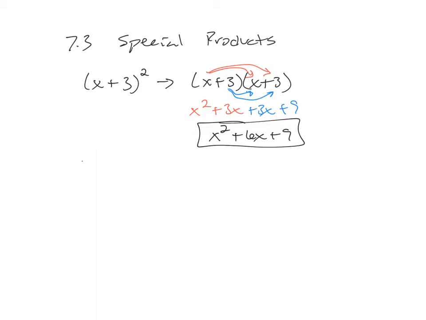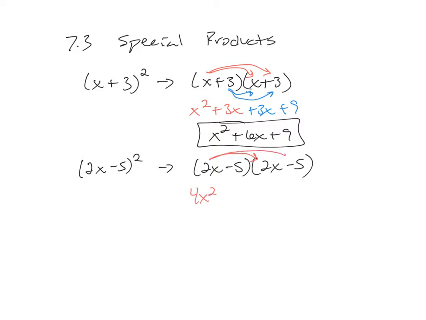Okay, so if you had 2x minus 5 squared, 2x minus 5, 2x minus 5, 2x times 2x is 4x squared, 2x times negative 5 is negative 10x, so be careful with your signs.